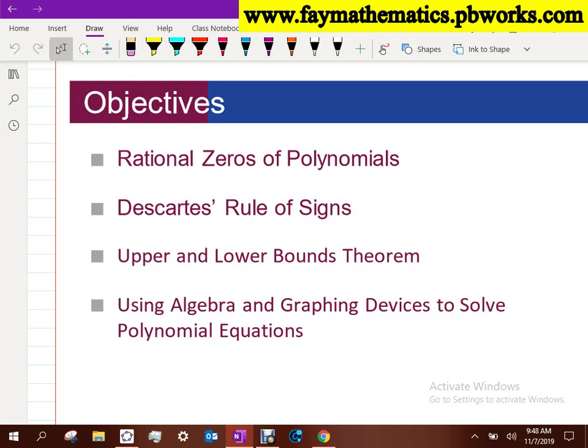But we get what we call rational zeros of polynomials, okay? We'll talk about Descartes' rule of signs. So Descartes is the guy that came up with the XY plane, right? He was very interested in polynomials, okay, and structures of them and seeing patterns with them, and he is credited with a lot of the stuff that we're talking about right now. So you may like him, you may dislike him.